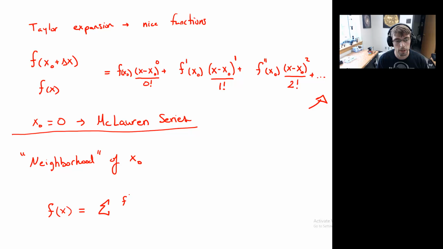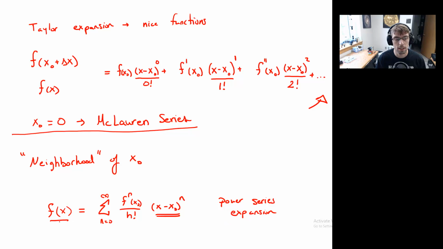And I'll write this out. We'll put f to the n of x naught over n factorial, n equals 0 to infinity. And there's our polynomials right here, which is kind of cool. I think this is sometimes referred to as a power series expansion. You are expressing a function as a summation of powers of x, which is really cool. Also very helpful in the future.